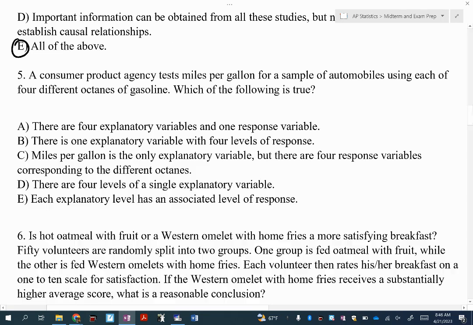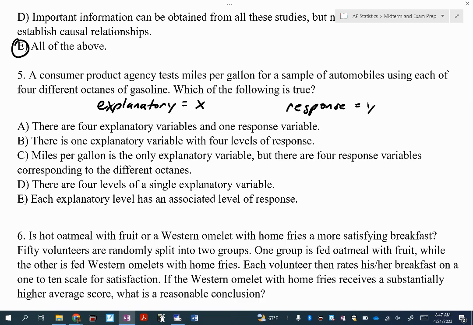Explanatory is the x-axis, the x variable. And the response variable is the y.